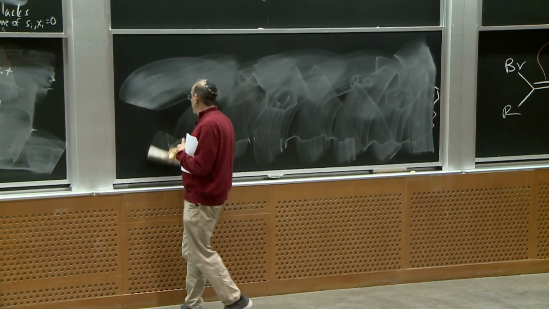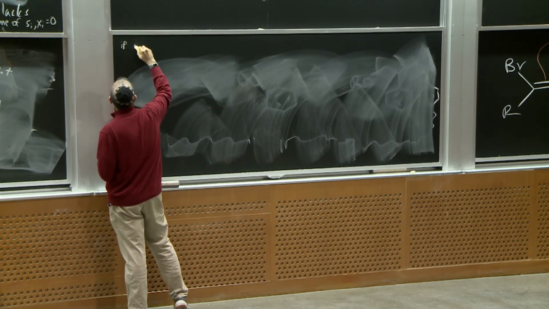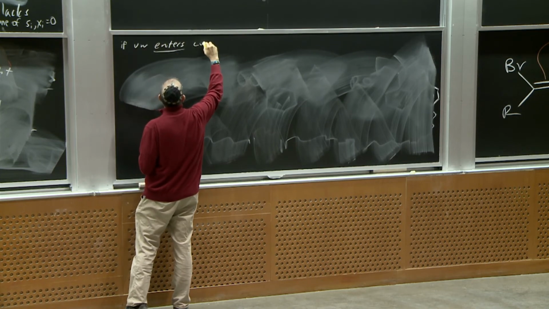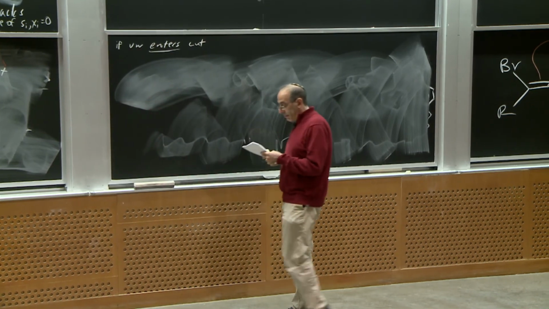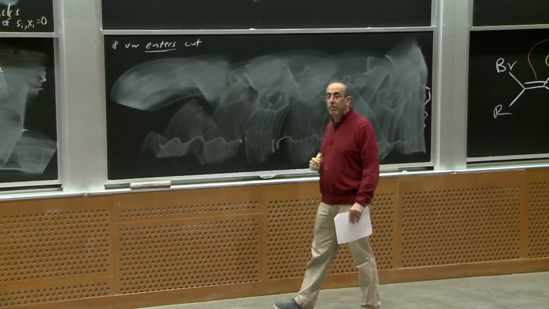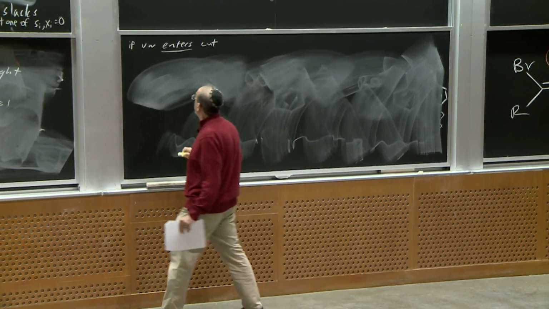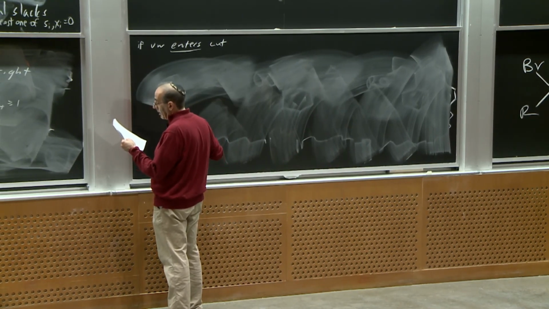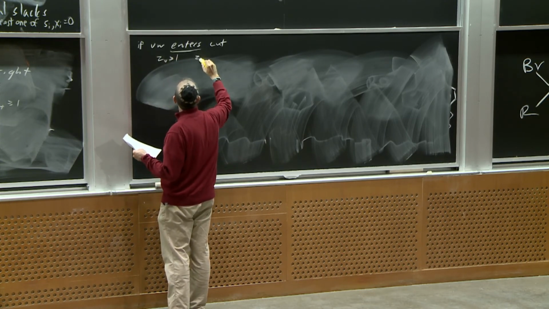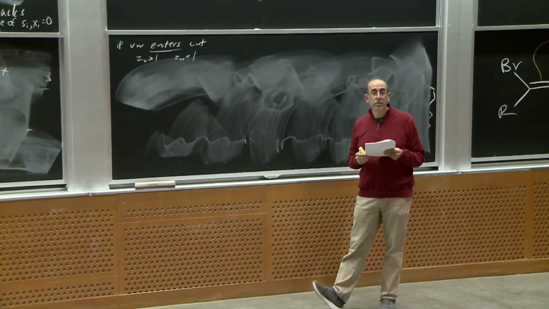Suppose that edge VW enters the cut. What does that tell us? Well, just by definition, that tells us that ZV is greater than or equal to 1, and ZW is less than 1, right?